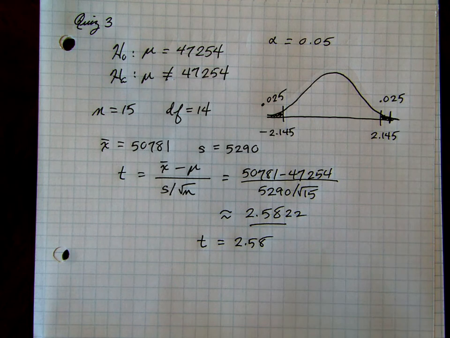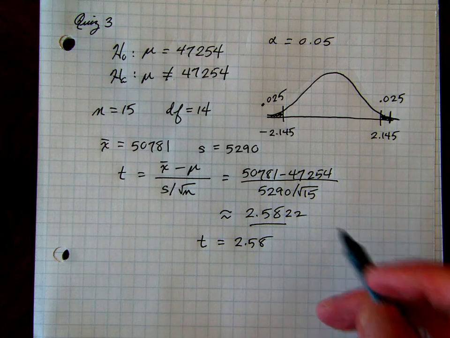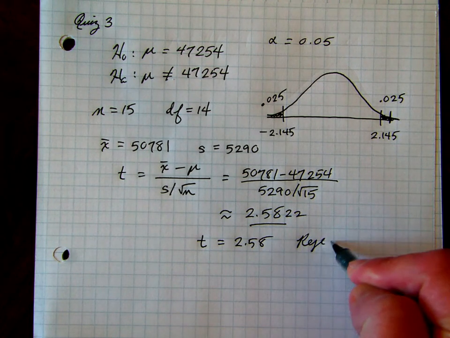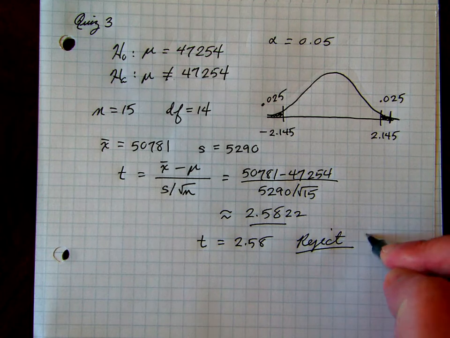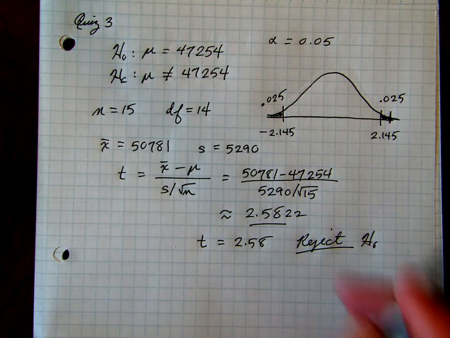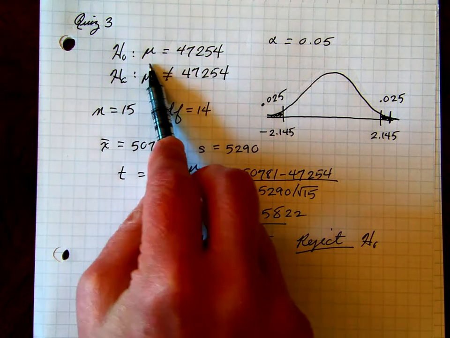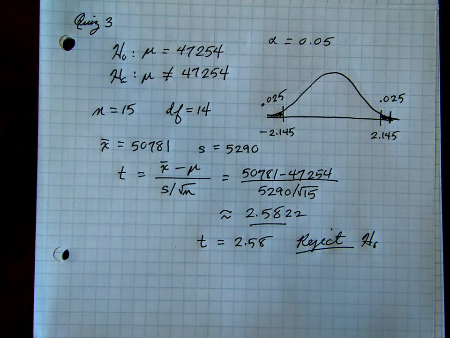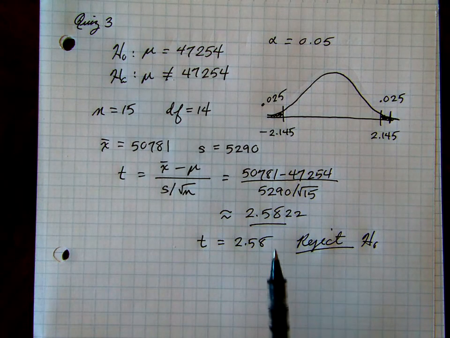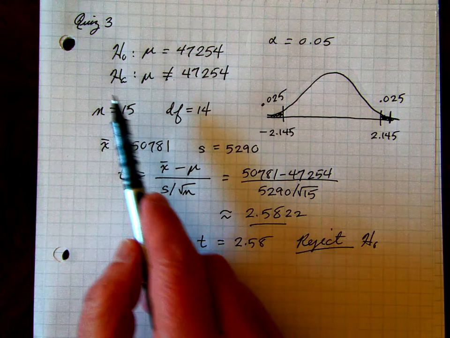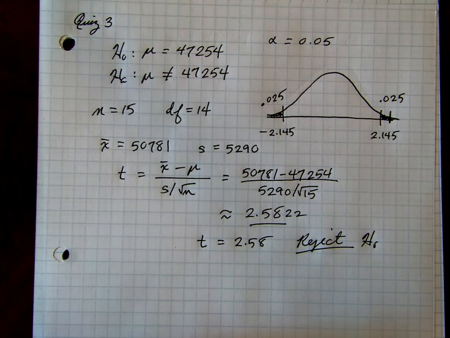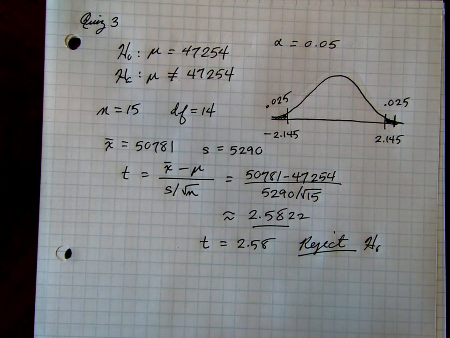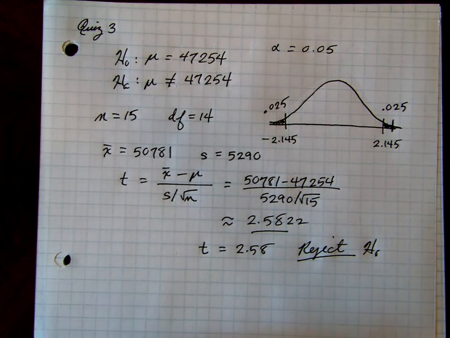It's well into the rejection region. So we say reject the null hypothesis, reject the assumption that the mean is 47,254, and it appears in this case it's something else. It's the alternative hypothesis that we will accept. So that's one example.